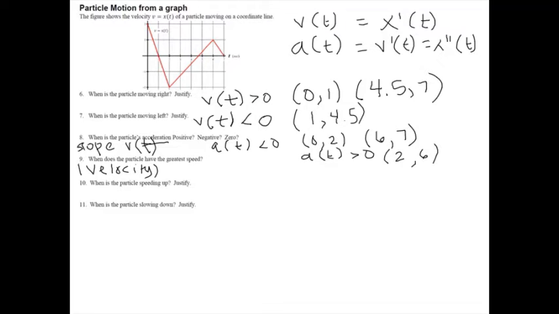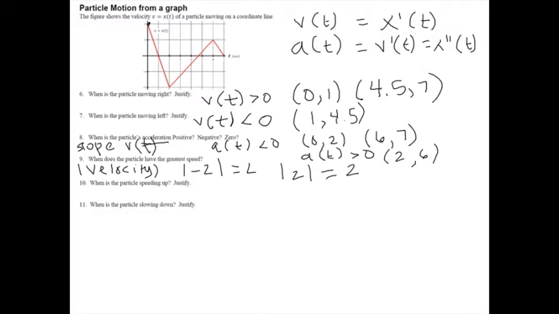If I took the absolute value of -2, that would be 2. And here I have a y value of +2. So our particle has the greatest speed of 2, at either of those points. So at 2, -2, or at 0, 2.